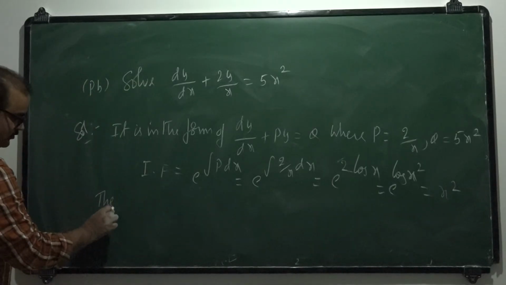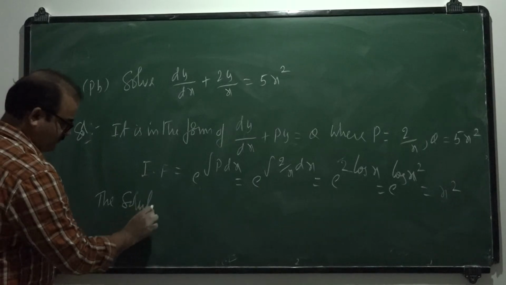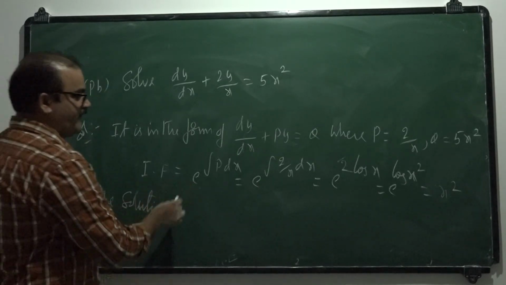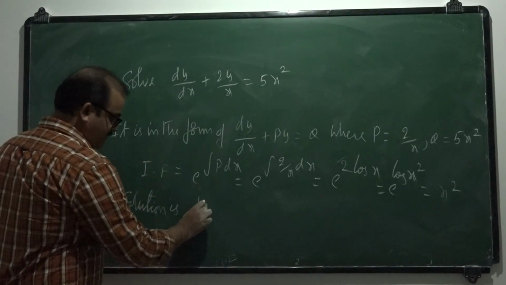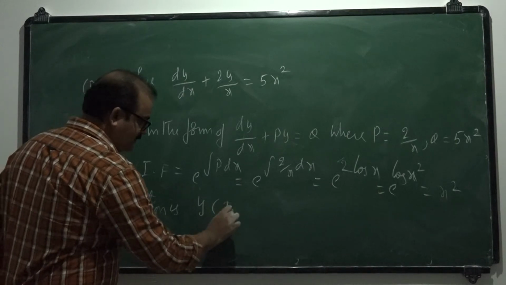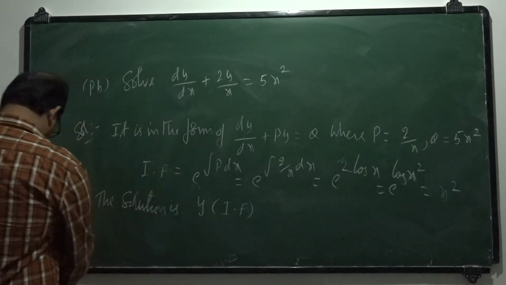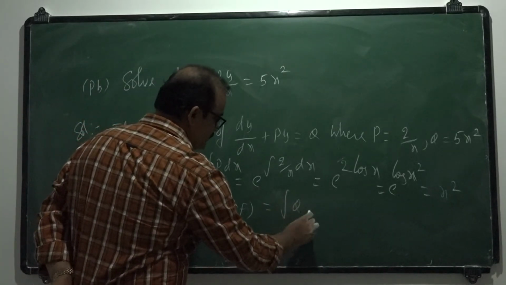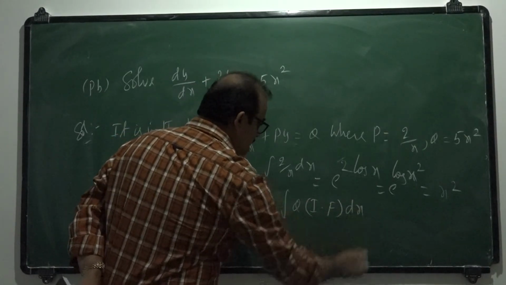Then the solution. There is a formula to find the solution of linear equation. What is that formula? Y into integrating factor is equal to integral q into integrating factor into dx.